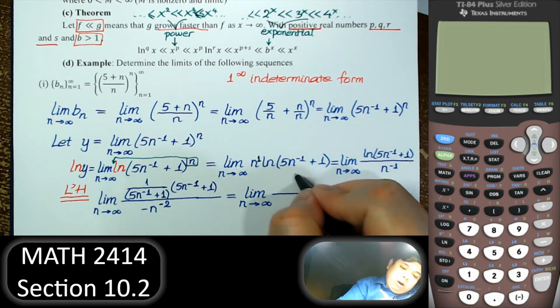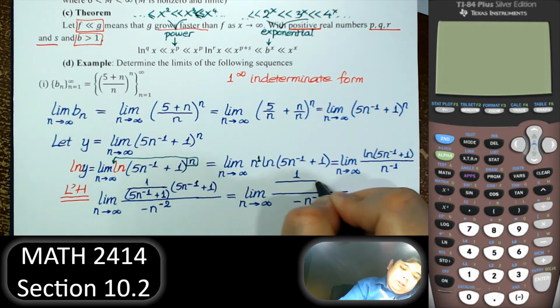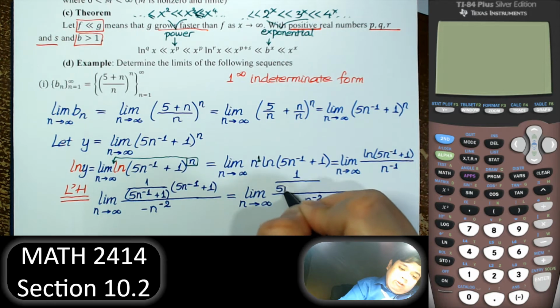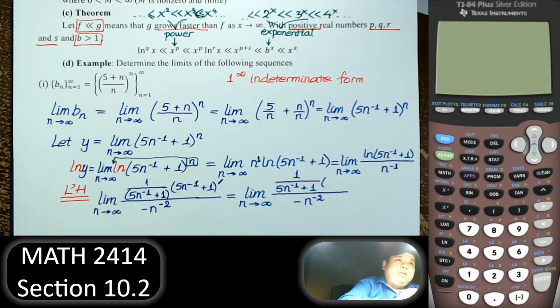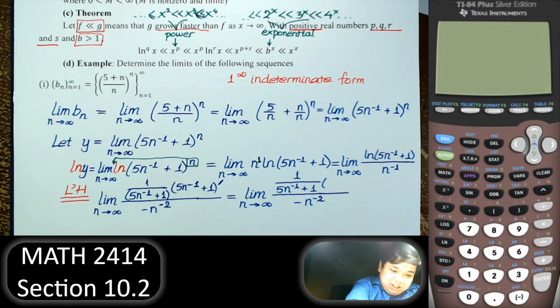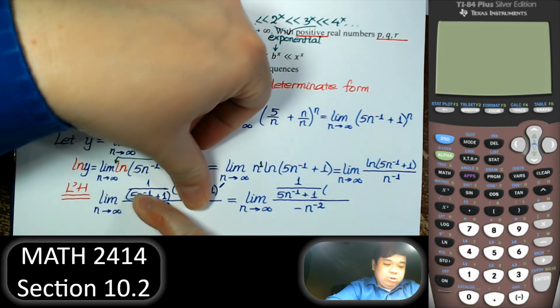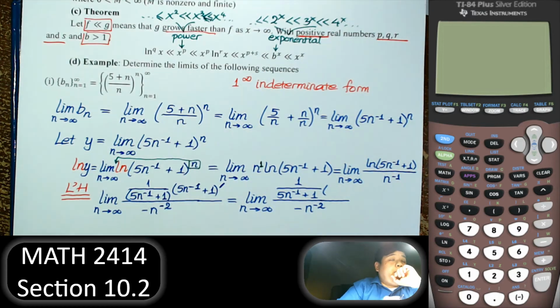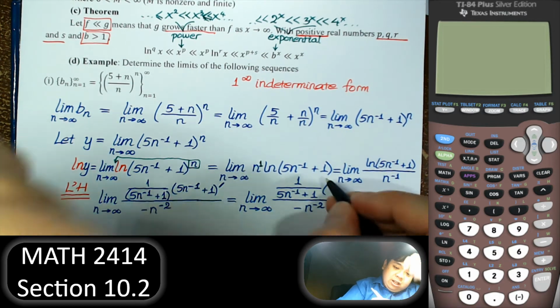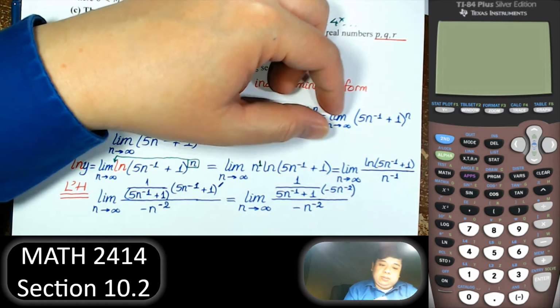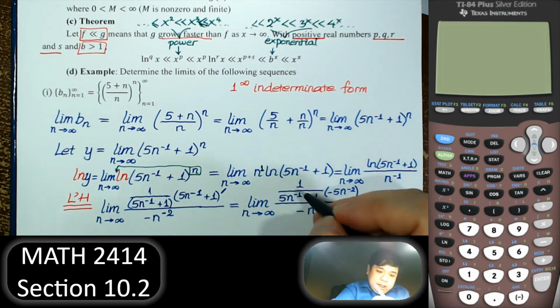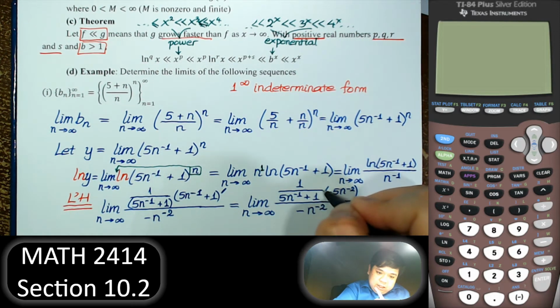So we still have 1 over 5n to the negative 1 plus 1. Sorry, I forgot the derivative of what's inside. Yeah, start with the chain rule. So the derivative of this is negative 5n to negative 2. It is multiplied to it like that.